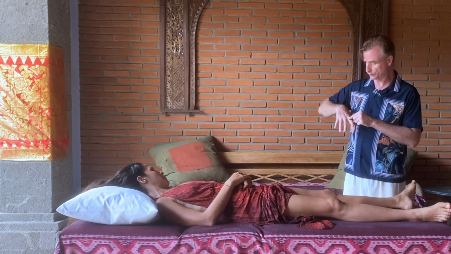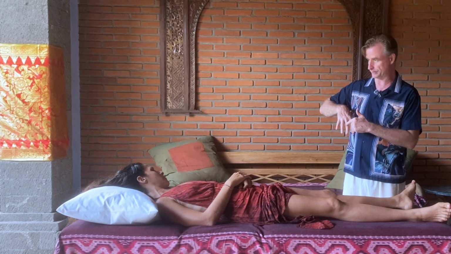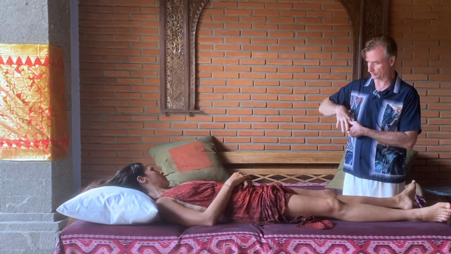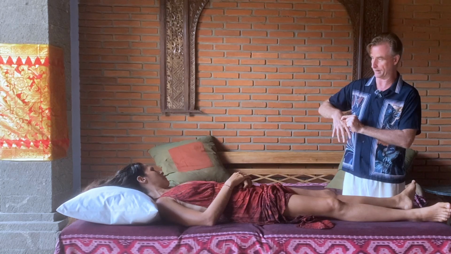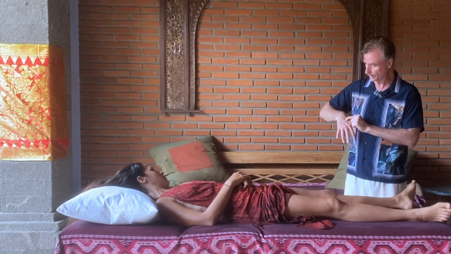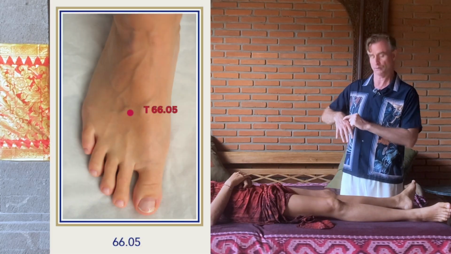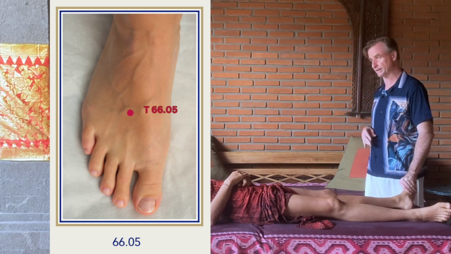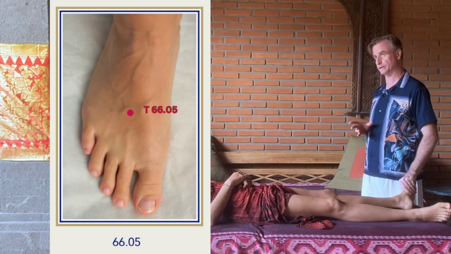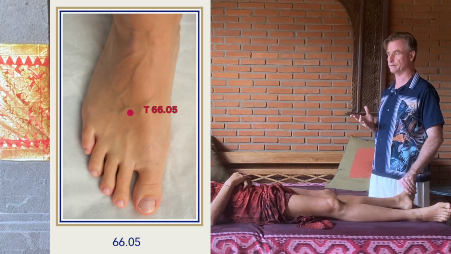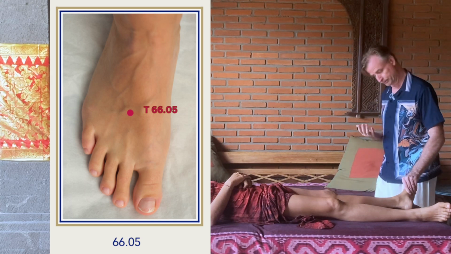So if I go to this space between the second and third digits, right here where these long bones meet, or actually it would be up here on the hand, if I go to that space where the metatarsals meet on top of the foot, that's stomach 43 or 66.05.